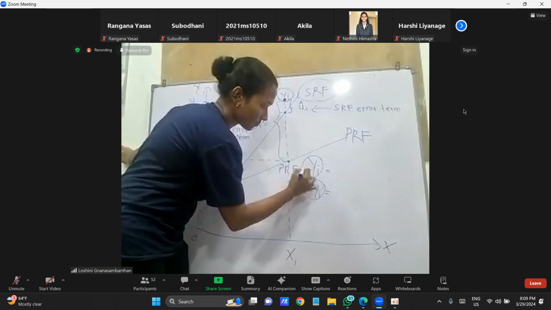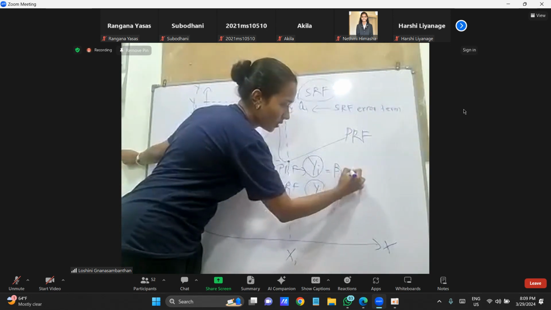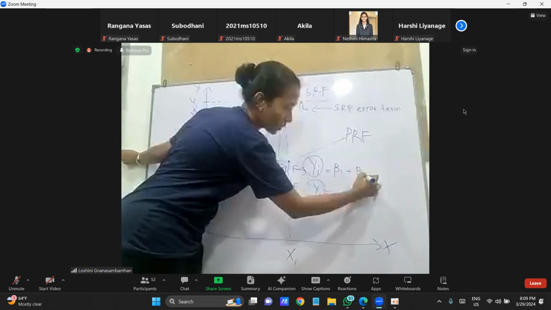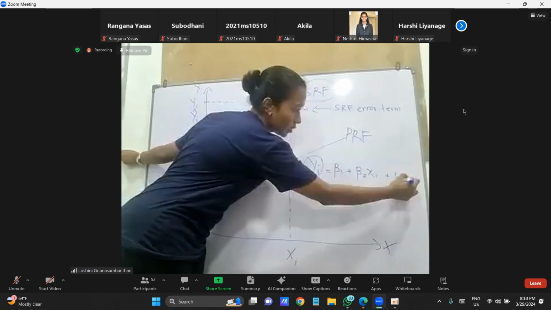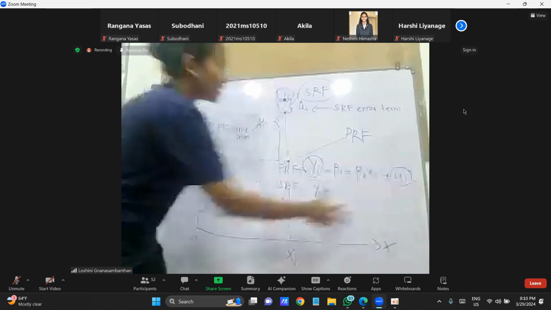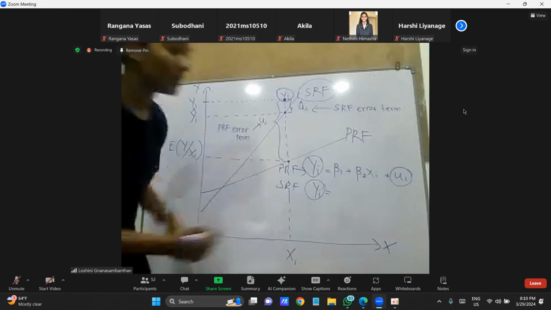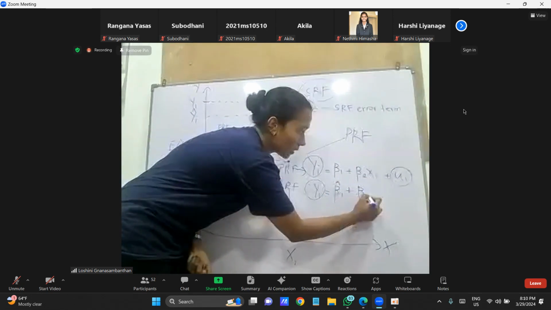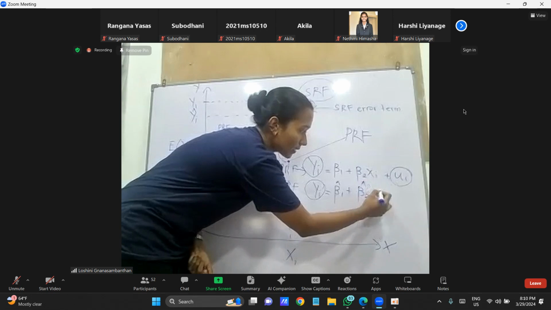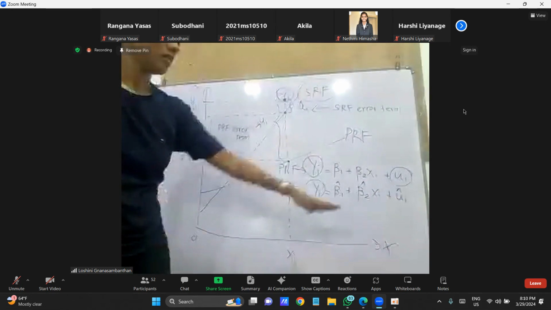PRF: Yi equals beta 1 plus beta 2 Xi plus Ui. SRF: Yi equals beta 1 hat plus beta 2 hat Xi plus Ûi.